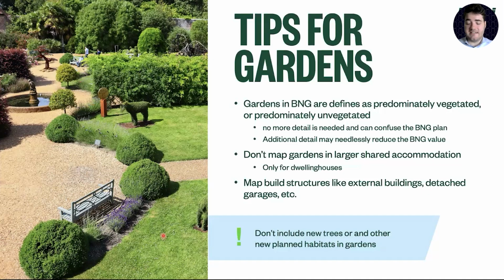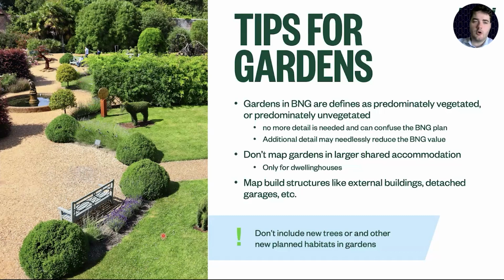And if you add additional detail to that, like splitting out the vegetated and unvegetated parts of the design garden, you're going to reduce the BNG value of that area, and that may not be necessary given the size of the garden and that context. The original definition in UKHab's old definition, which they've taken out, included lots of different things in gardens that were allowed, including polytunnels and decking and things like that.